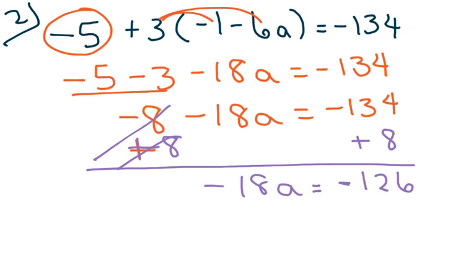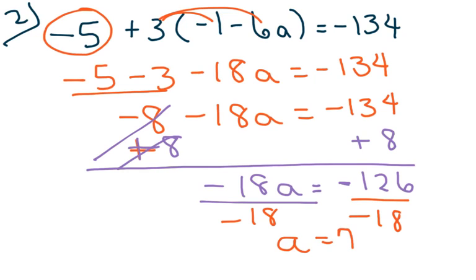You divide both sides by negative 18. And our solution set's going to be 7. So a equals 7. So you would write it like this. Okay?